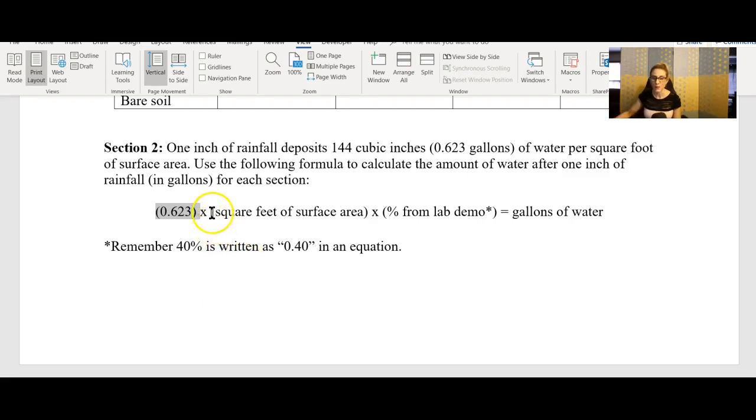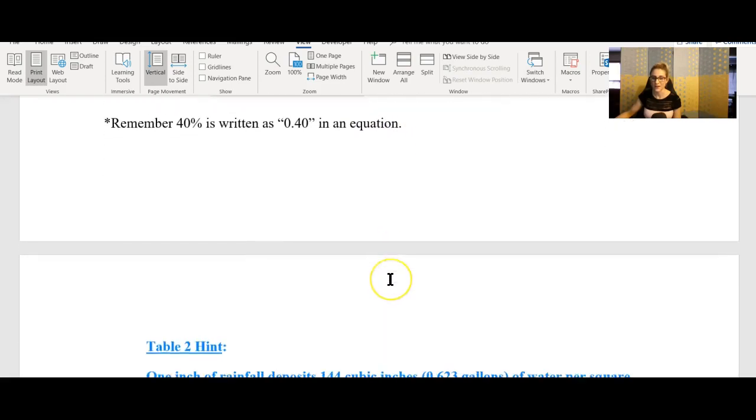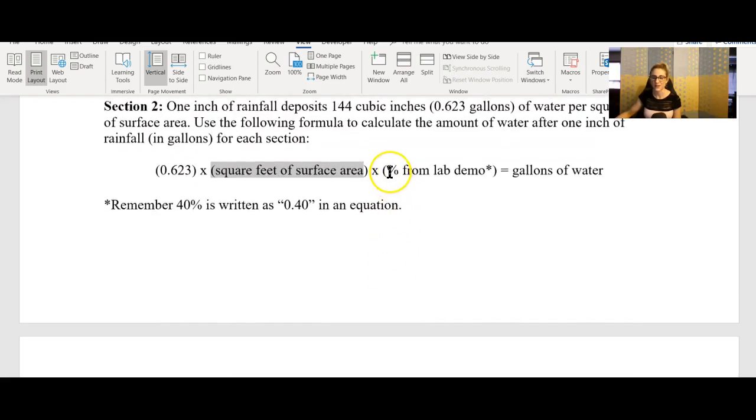Now we're going to multiply that by the square feet of surface area, and then we're going to take whatever percent we are using from the lab. But you can see there's a little asterisk there. Remember that percent is a percentage, but we need it in a decimal form, right? We need it in a number decimal form like this is.